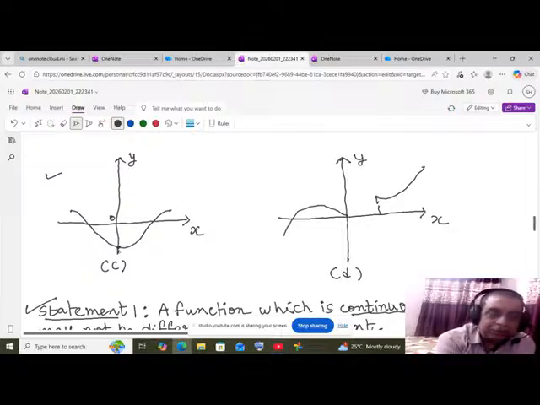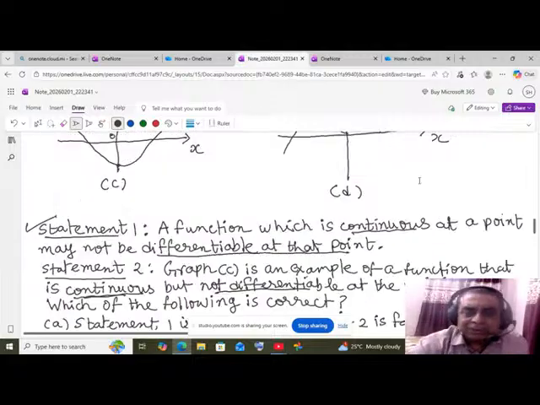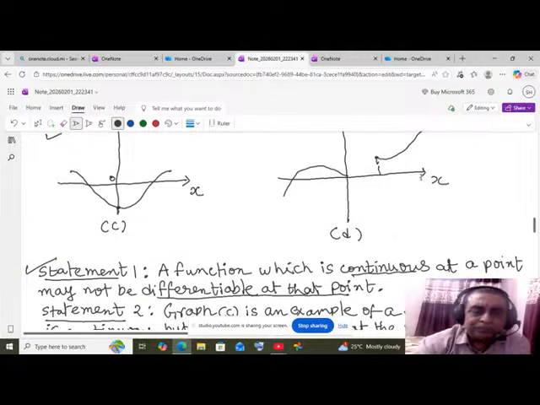The function is continuous, as the graph has no cut or breaking. That part is true. But not differentiable at the origin is false.